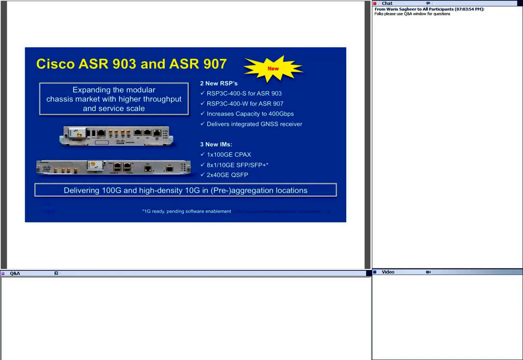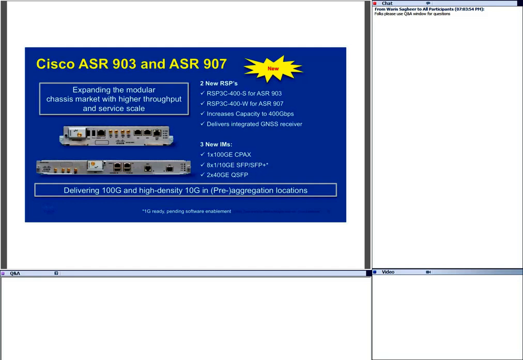When the product ID has an S in the last letter, it means it's a smaller form factor RSP3 that's used in 903. In the same way, the RSP3C400W is the wider form factor RSP3 that's used in 907, and it increases capacity to 400.